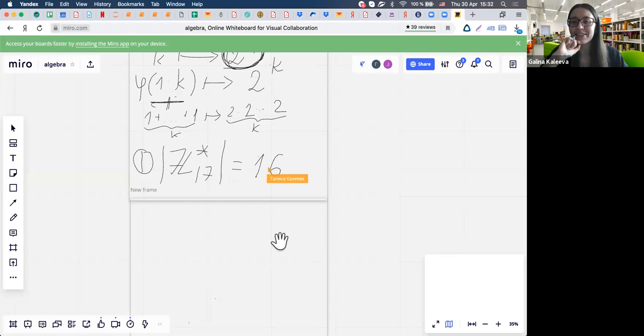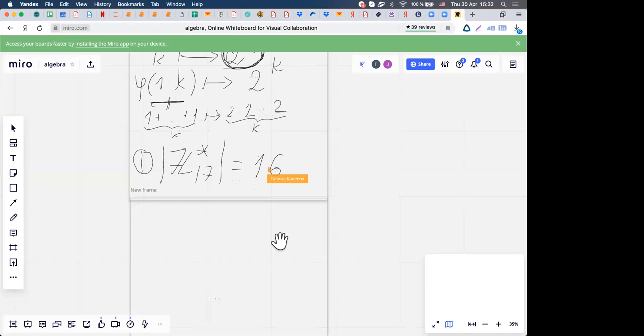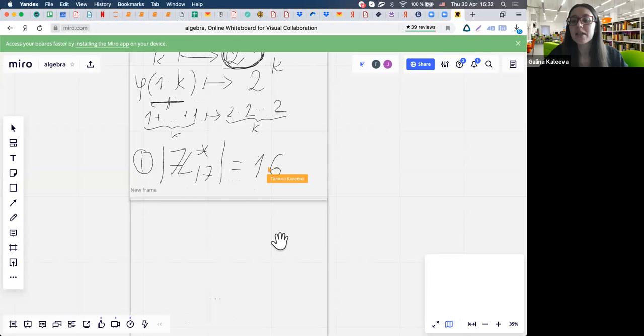Okay, for Z16, a cyclic group with addition, we know all the generators. It's very easy to list all of them: 1, 3, 5, and all those coprime with 16. But we don't know now how they look in Z17 star, because the operation is multiplication, and it's a bit more complicated.